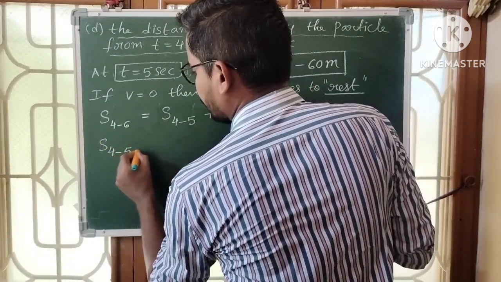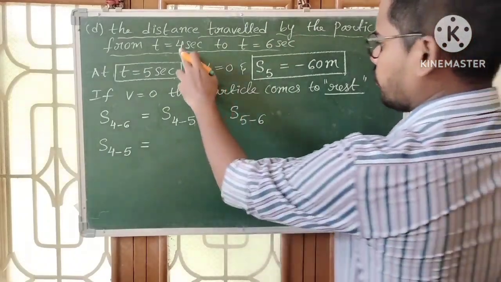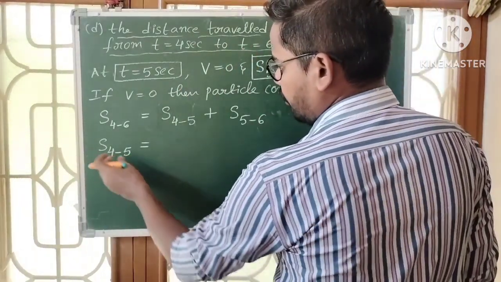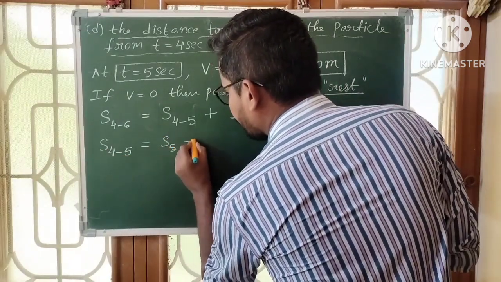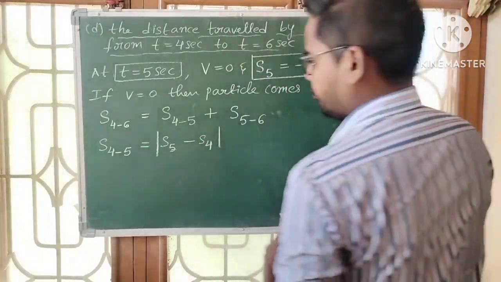So here we need S4 to 5. S4 to 5 means the distance travelled by the particle from 4 seconds to 5 seconds. So how do we get S4 to 5? Final position S5 minus initial position, keep modulus in that.